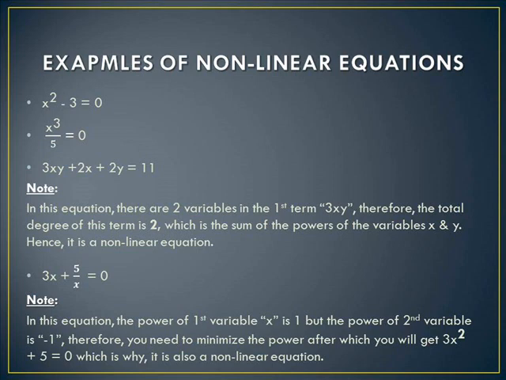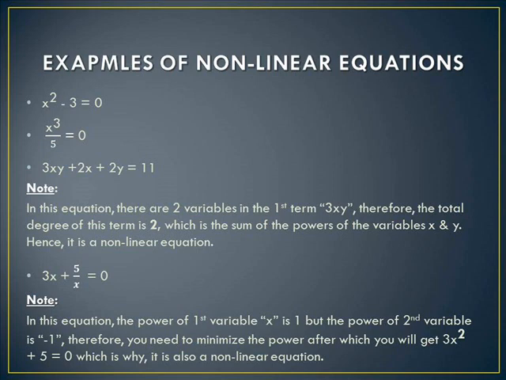The third equation that we have is 3xy plus 2x plus 2y is equal to 11. In this equation, you might have noticed that there are two variables in the first term, that is 3xy. Therefore, the total degree of the term is 2. By total degree, I mean the sum of the powers of the variables x and y. Therefore, it is not a linear equation.